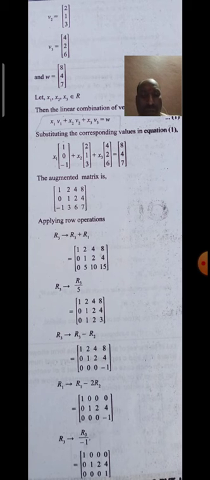R3 gives R3 by minus 1. Next, R2 gives R2 minus 4 R3, which gives (1, 0, 0, 0), (0, 1, 2, 0), (0, 0, 0, 1).